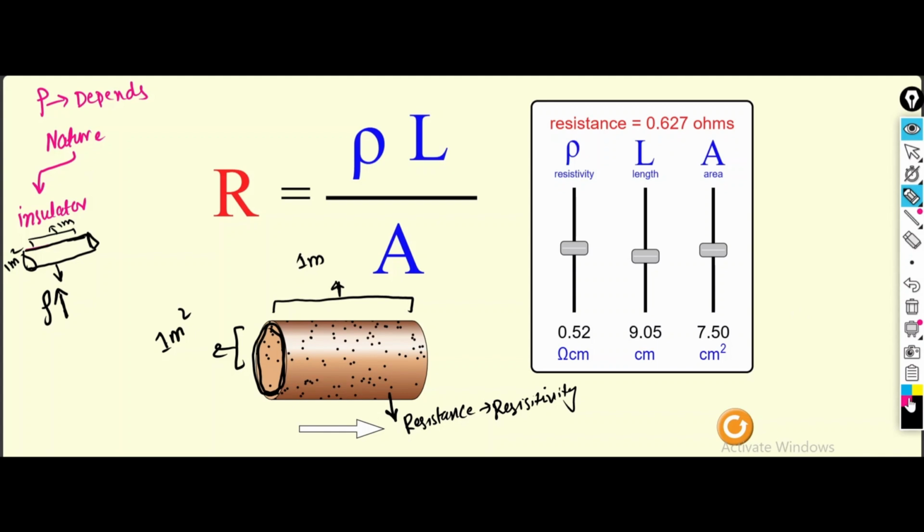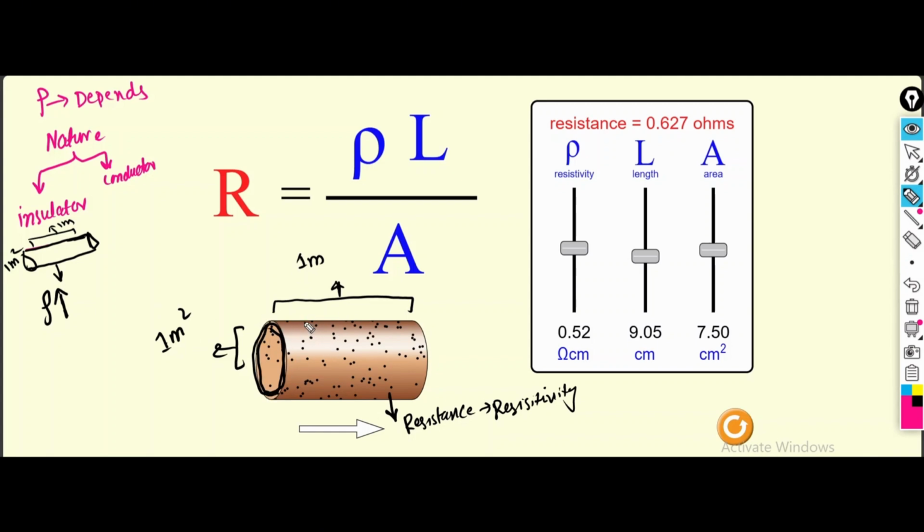And similarly, if I take the conductor, let's say the conductor is copper, in order to find the resistivity of this copper, we will take a 1 meter long copper rod, and the cross-sectional area is 1 meter square.